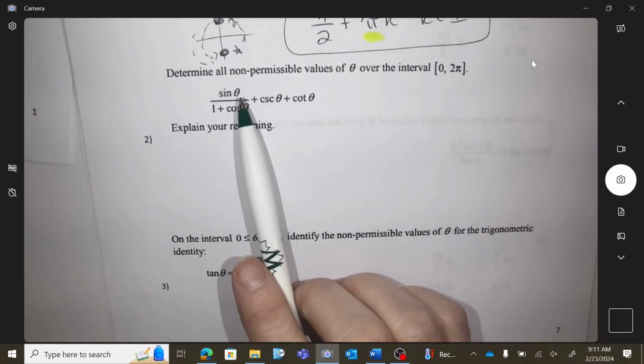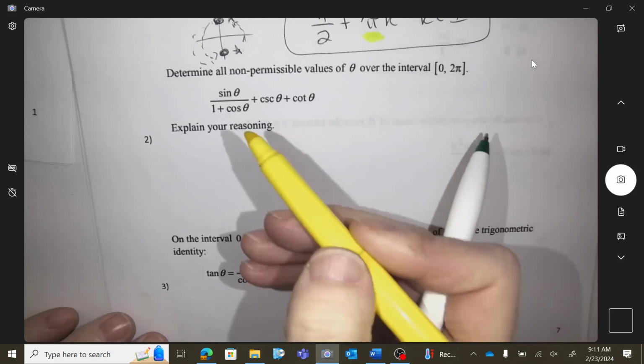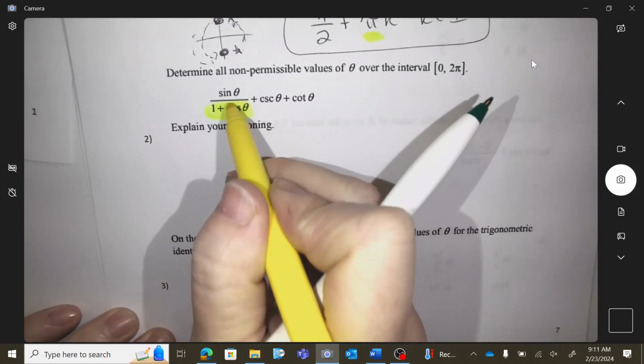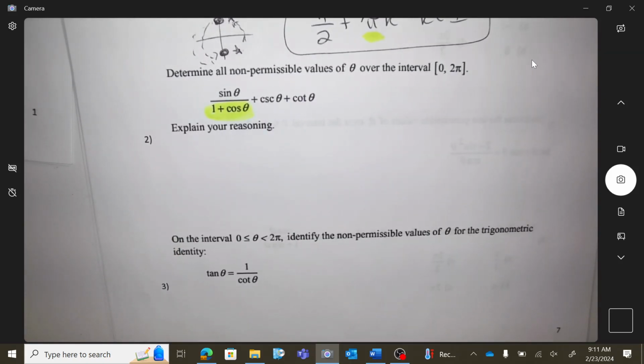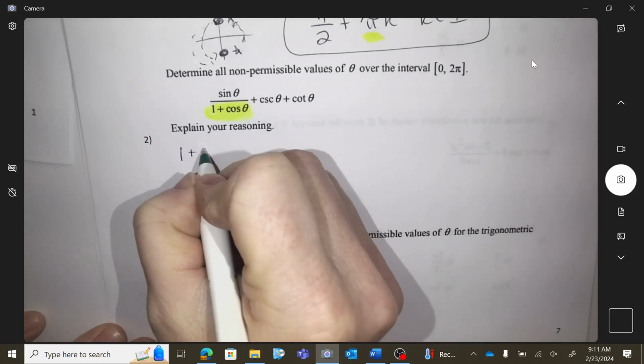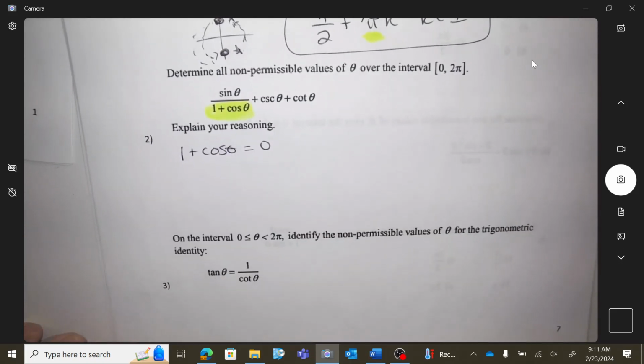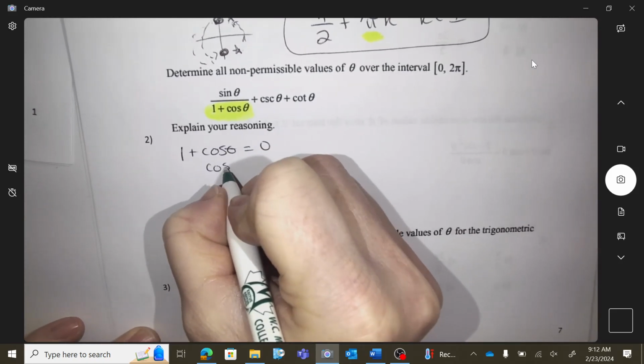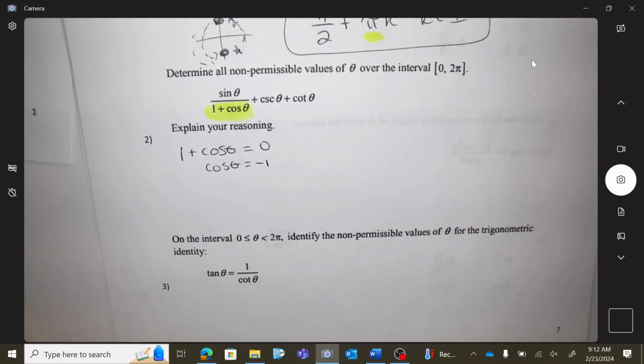Okay, this one we'll do together too. I would worry about that bottom being 0. So 1 plus cos theta, I don't ever want that number to be 0. So then cos theta would have to be -1.